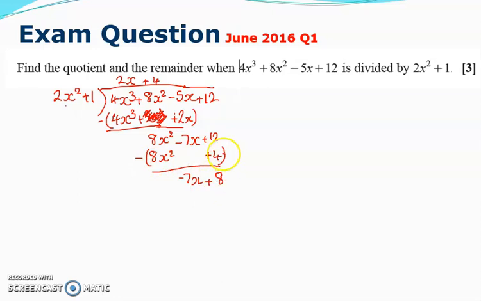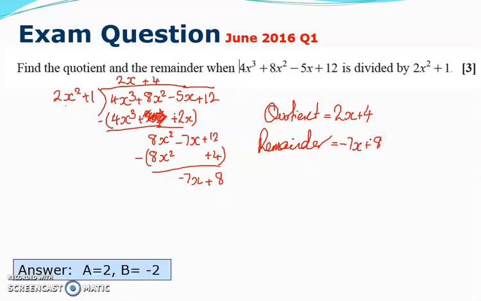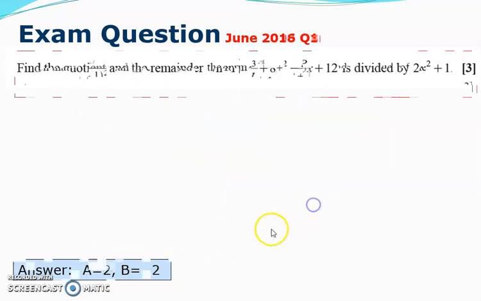So I reckon here the quotient, now the quotient is the bit at the top. That is the 2x plus 4. And the remainder is the bit at the bottom, what you're left over with, which is minus 7x plus 8. We haven't seen it written overly like that before. It obviously wasn't the right one, but that's the right answer.